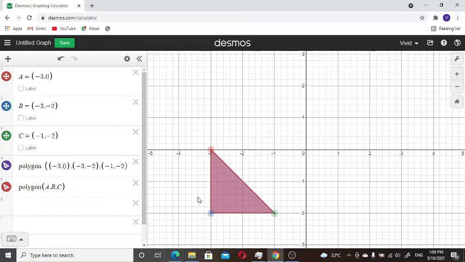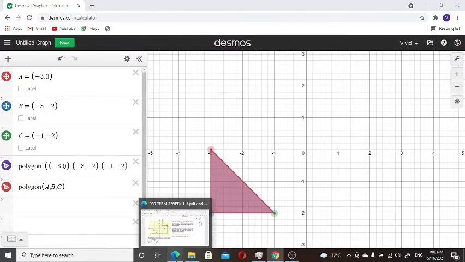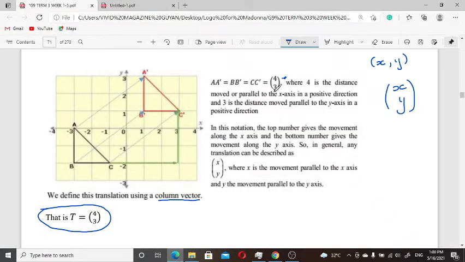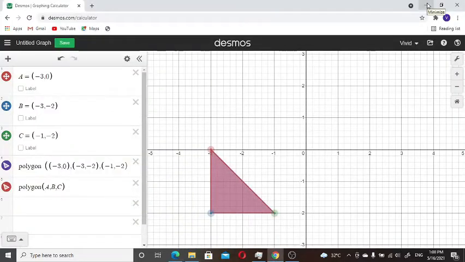And here you see the triangle. Now the translation that you're working with is (4, 3). And in that understanding, what you simply do is you move along those positions. When I say move along those positions, you're going to be moving 4 on the x-axis and then 3 on the y-axis.